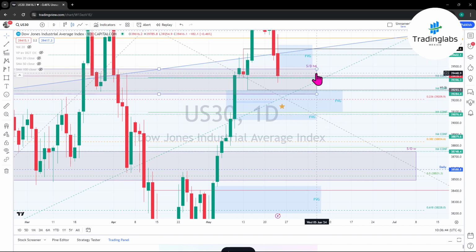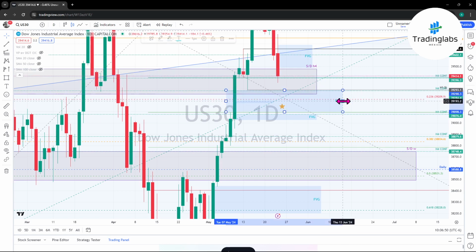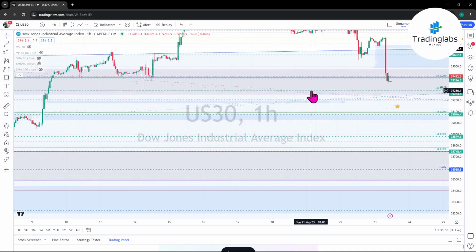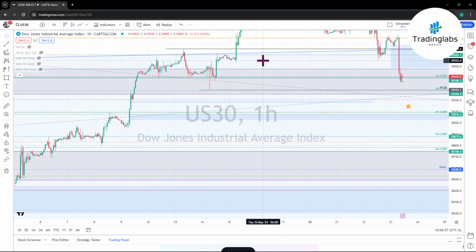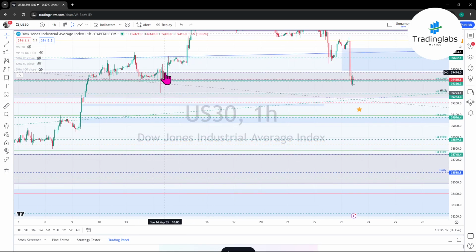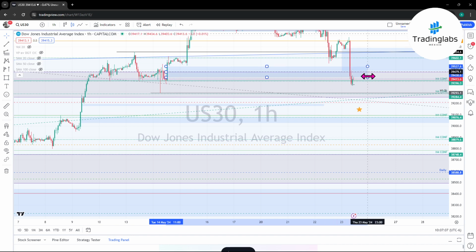I don't know, we don't know, but you have to draw it. Right now we are in the H1. We already filled this gap that we have, visually very clean, from here to here, but the market didn't care and it's dropping down.